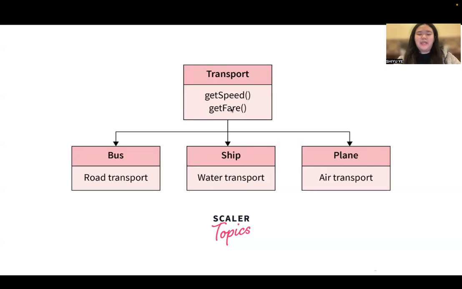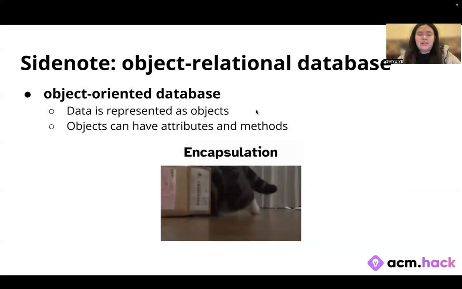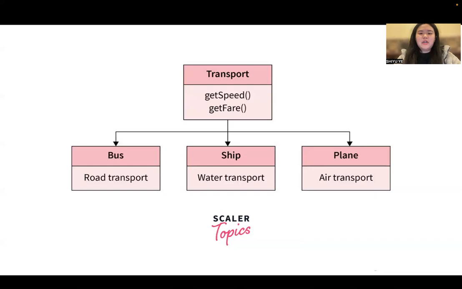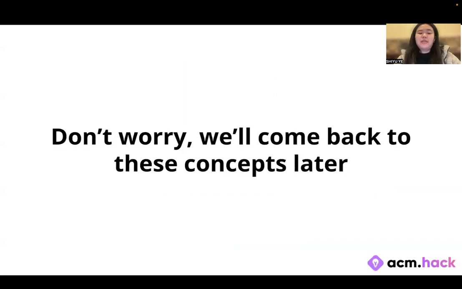One of them is get speed, another one is get fare. And over here, I have a bus object that has an attribute called road transport. So there are relationships between different kinds of objects, such as inheritance, and together they constitute an object-oriented database. Cool. So again, don't worry, we'll come back to these concepts later. Don't freak out, don't panic if you don't get it completely.